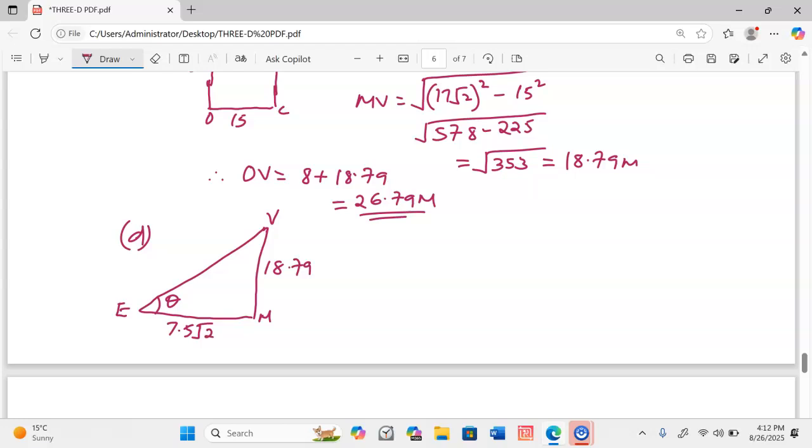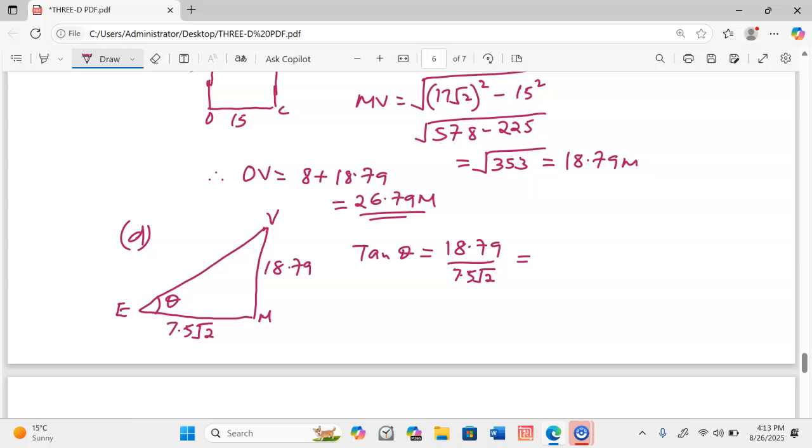Remember, we can use SOHCAHTOA, with the opposite and the adjacent, so we use tan of the angle theta, which is opposite over adjacent. The opposite is 18.79 divided by the adjacent, 7.5 root of 2.